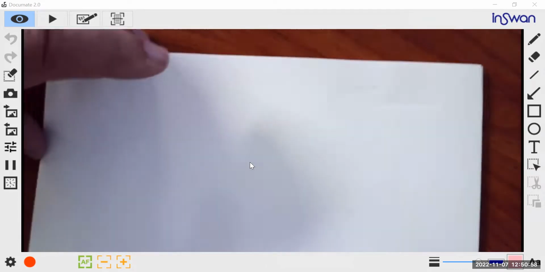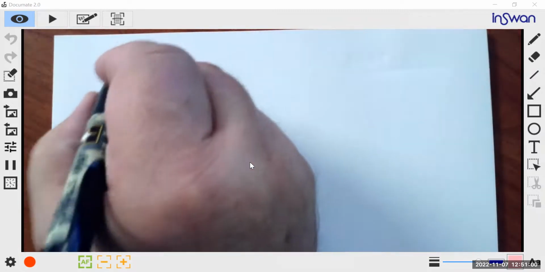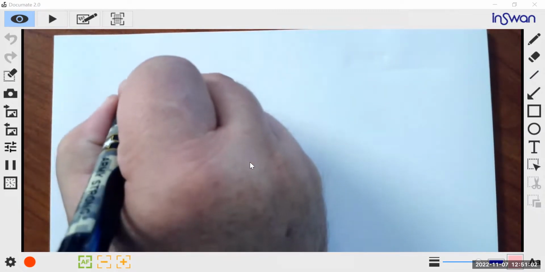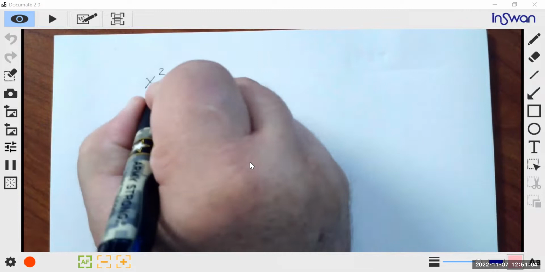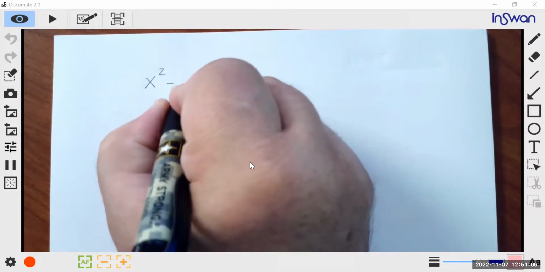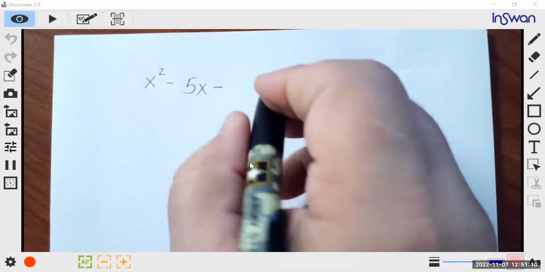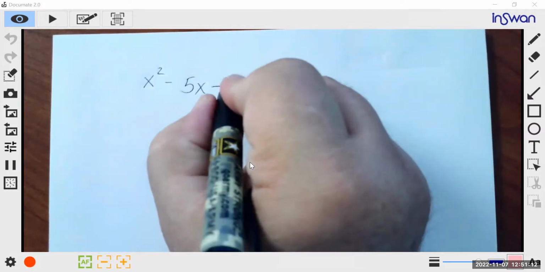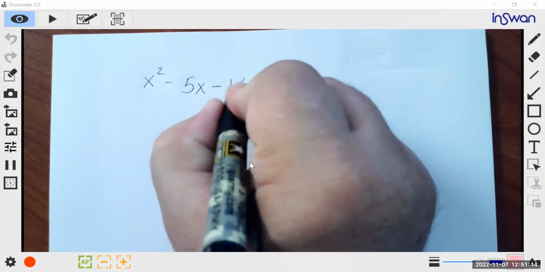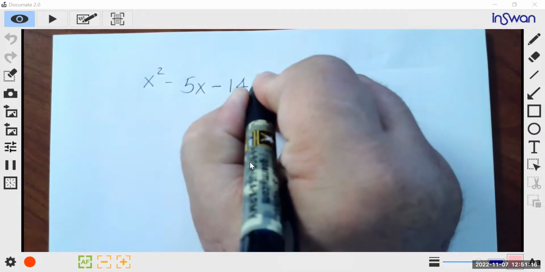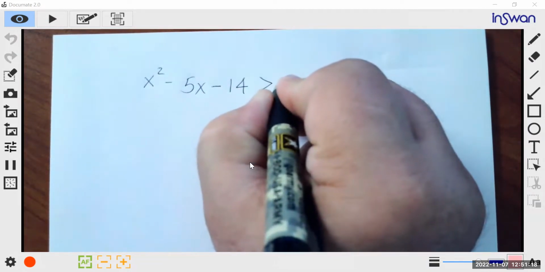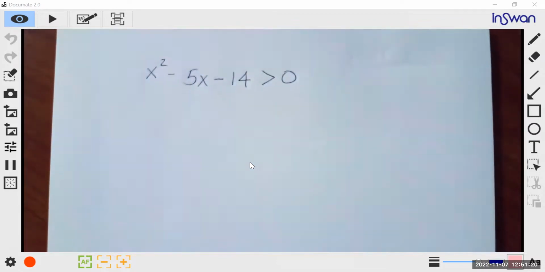Let's do a simple example first. Remember it has to be equal to 0.